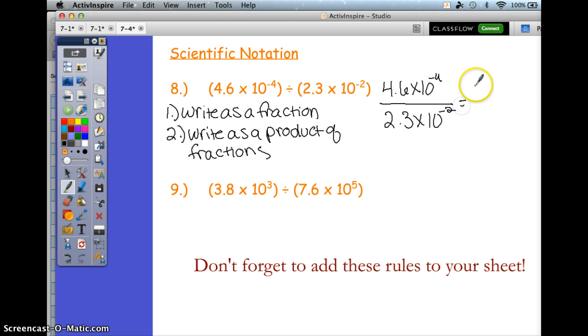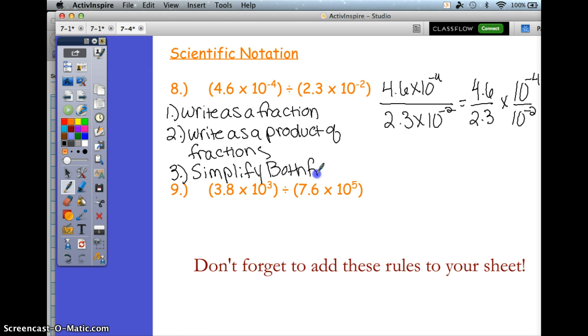So you have 4.6 over 2.3 times 10 to the negative 4th over 10 to the negative 2nd. Number 3, simplify both fractions.